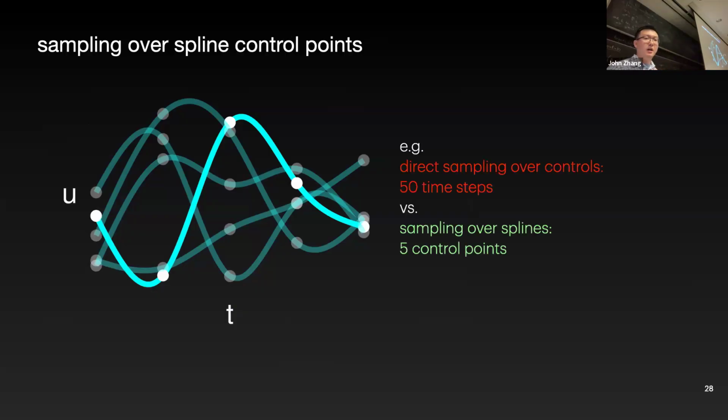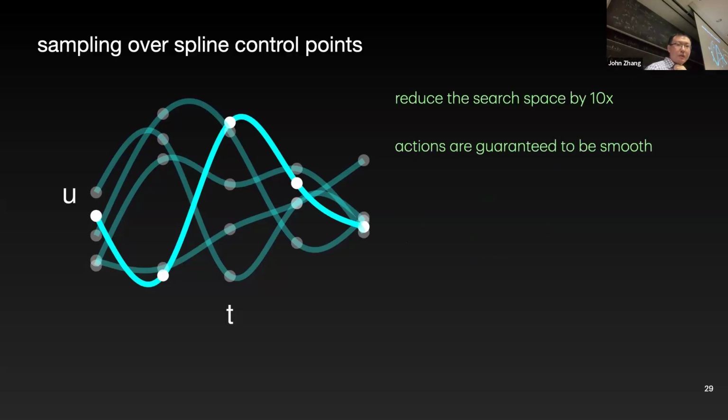So instead of thinking about, let's say, predicting half a second into the future with 50 time steps, and optimizing over all of those controls at once, I can compress my control representation as a cubic spline. If I only sample over the control points or spline points, I have reduced my search dimension by 10 times, which makes my search problem much more tractable.